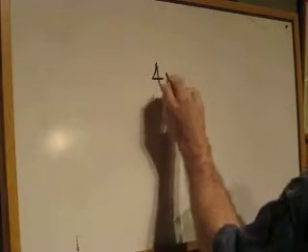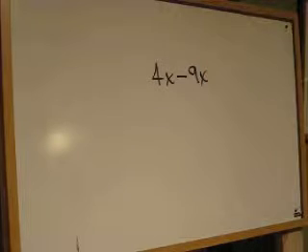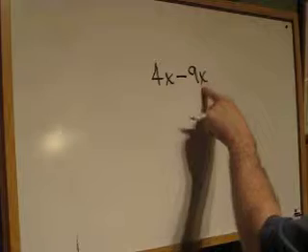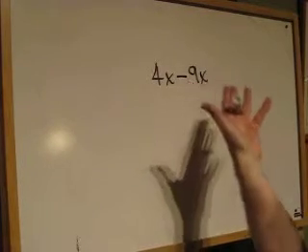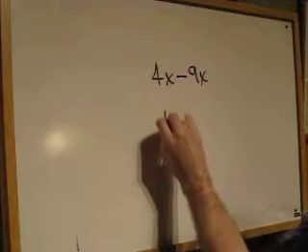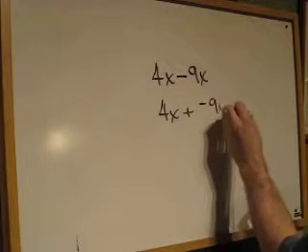45 to 56. What we're doing is we're using the distributive property to combine similar terms. So really all we're doing here is taking two terms and deciding, are those similar, are those alike, do they have the same variable? Yes, they do. That means we can combine these. And if you remember from a few lessons ago, instead of doing the subtraction, we would write that as 4x plus negative 9x.